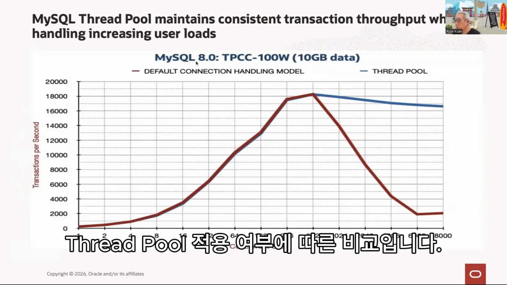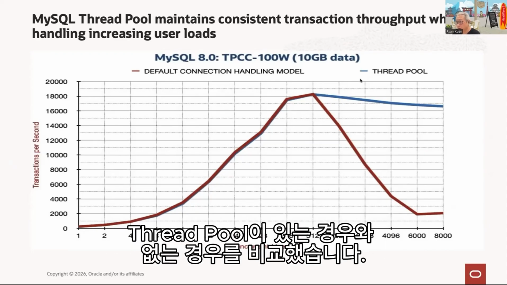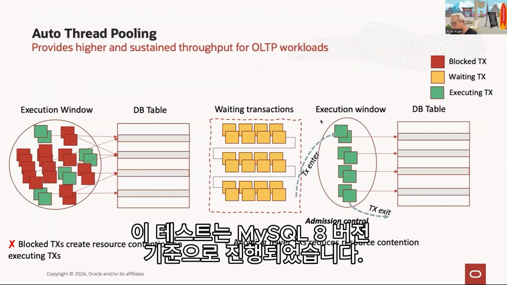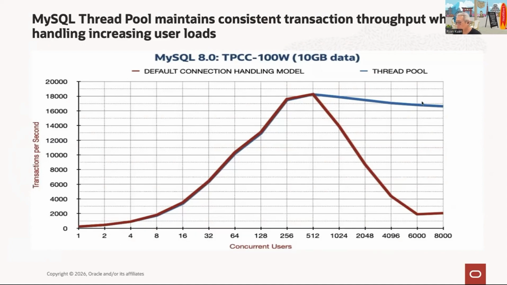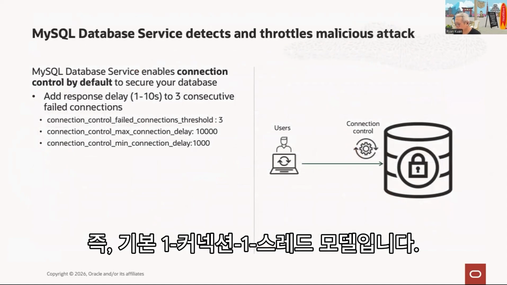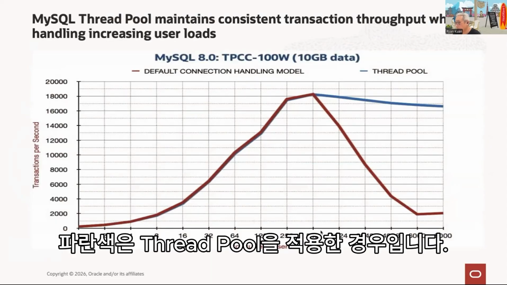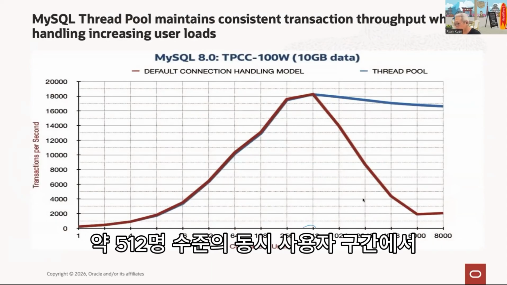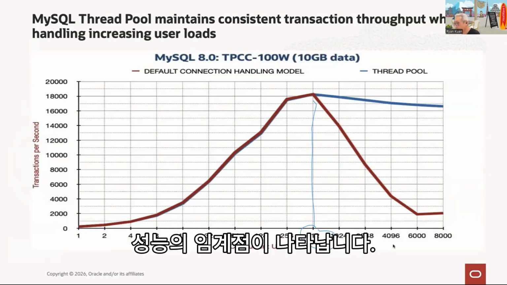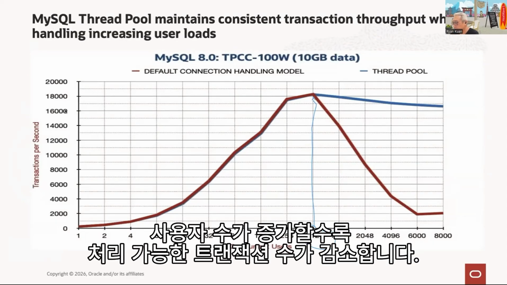Okay, we also did a benchmark comparing with the thread pool and without the thread pool. We did this a bit earlier, on version 8. The red color is without thread pool, and the blue color is with the thread pool. You can see at 512 users, this is the breaking point.